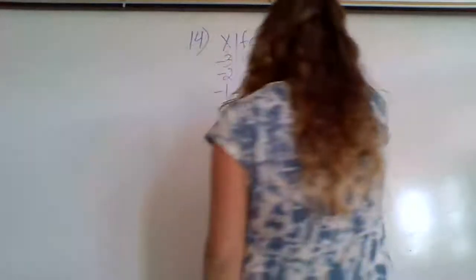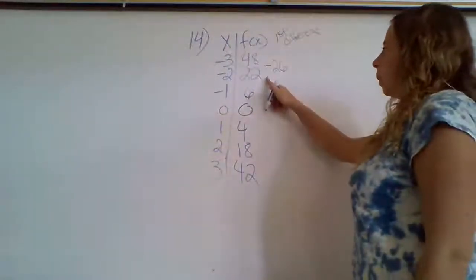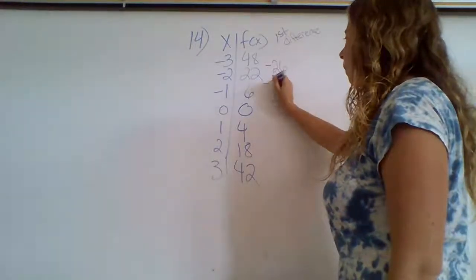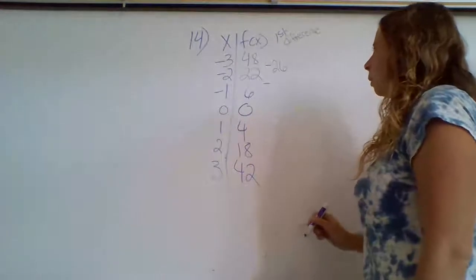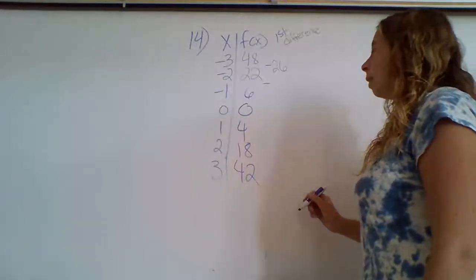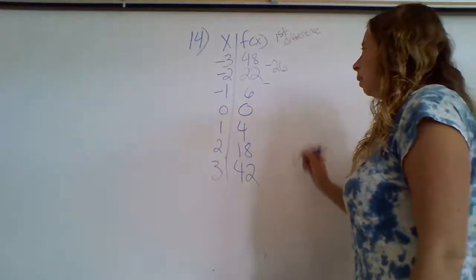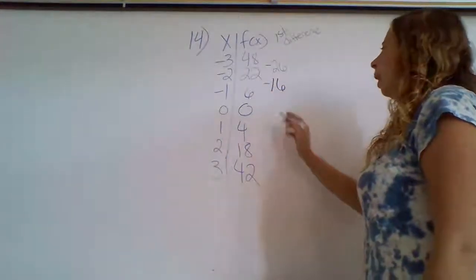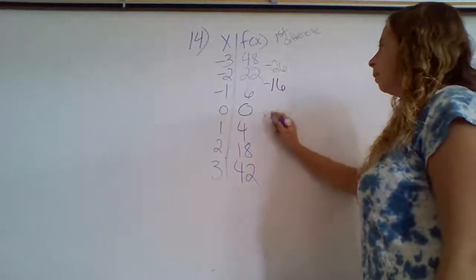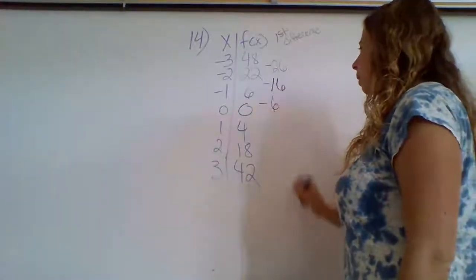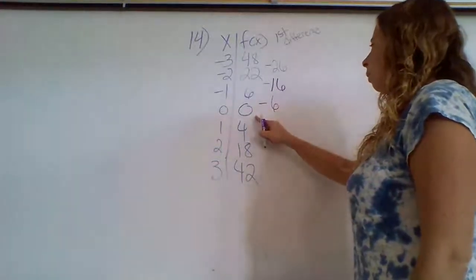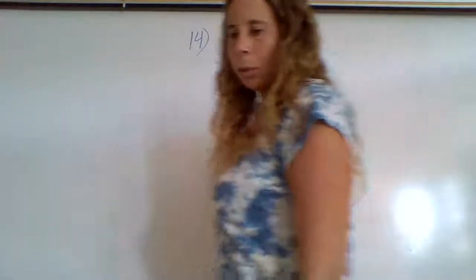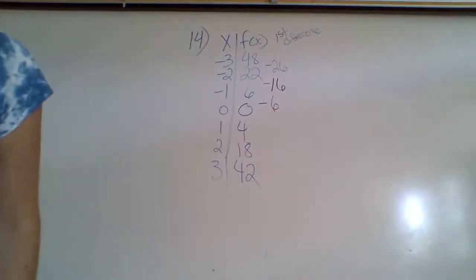So we're subtracting 26. Then from 22 to 6, we're still subtracting. I can't do math. 16. And then from 6 to 0, we're subtracting 6. From 0 to 4, that one's not right. That should not be a 4. Oh, it is.